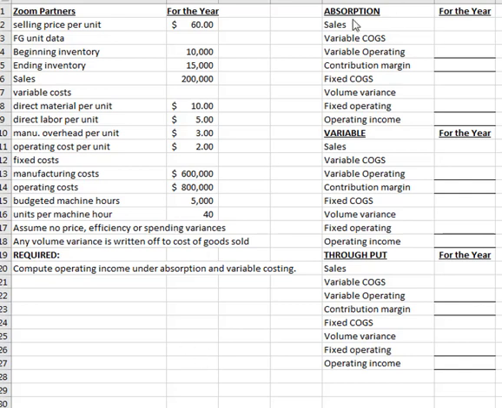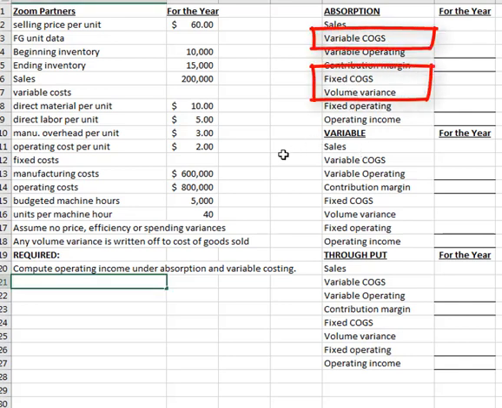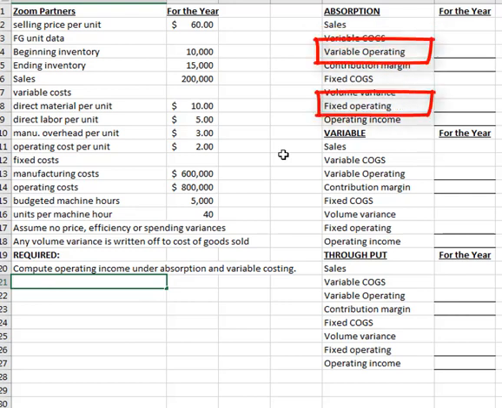And of course, with the absorption, which is typically the one where the traditional format is used, you can easily take the cost of goods sold, fixed and variable, and group them together and get a traditional total cost of goods sold and then a gross margin subtotal, and then put all the non-product costs, the operating costs, below the gross margin subtotal.